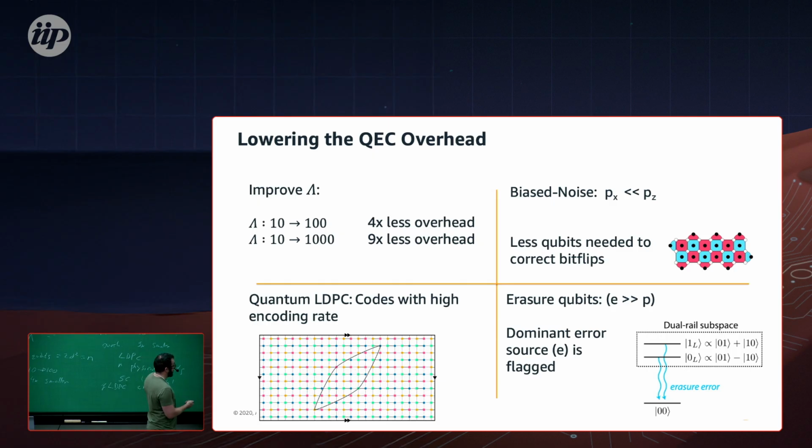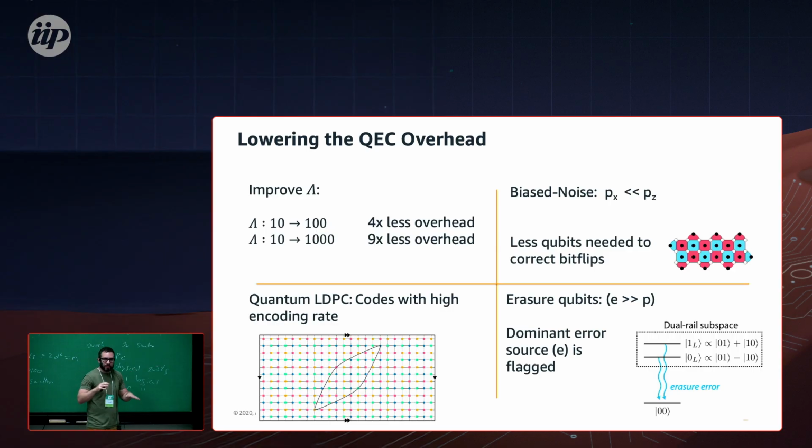This is an example of a plot from a paper by IBM, where they introduced these gross codes, the bivariate bicycle codes, BB codes, which, for example, with 144 qubits can encode 12 logical qubits. So much better encoding rates. This gives encoding rates, including ancillas, of 24, which is much better than the numbers that I showed before.